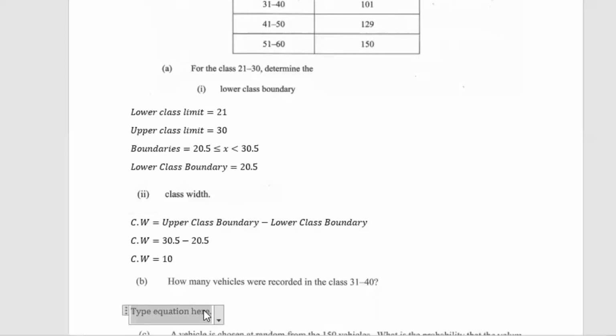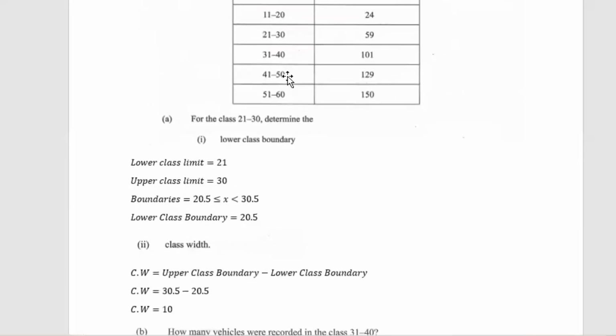Part B now asks us how many vehicles were recorded in the class 31 to 40. For 31 to 40, they gave us a cumulative frequency of 101.